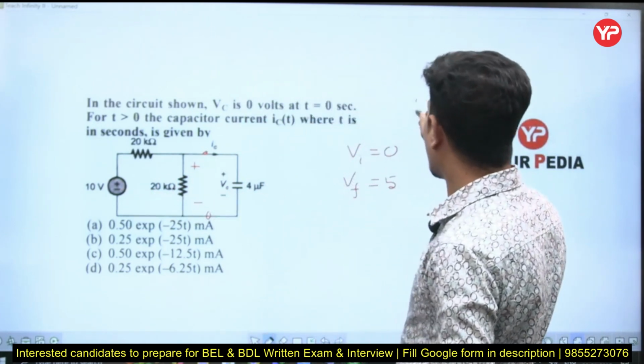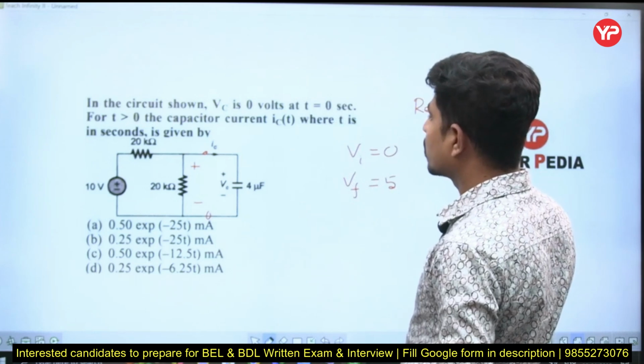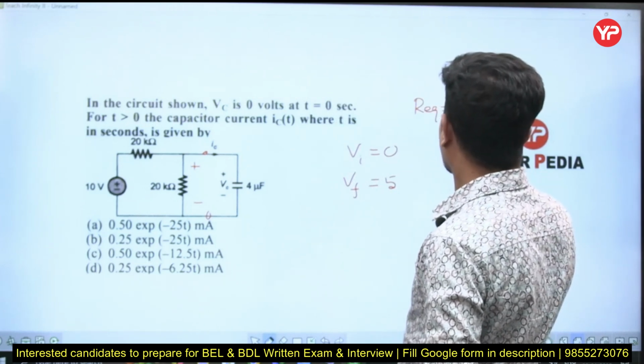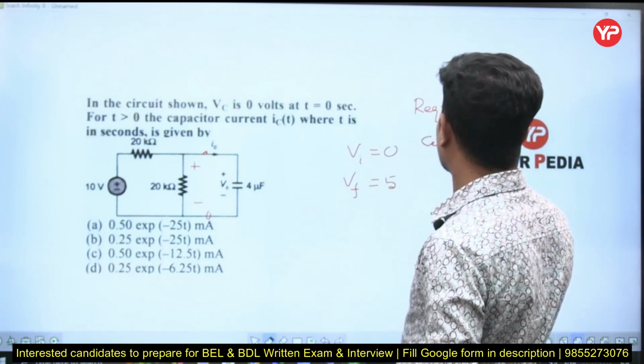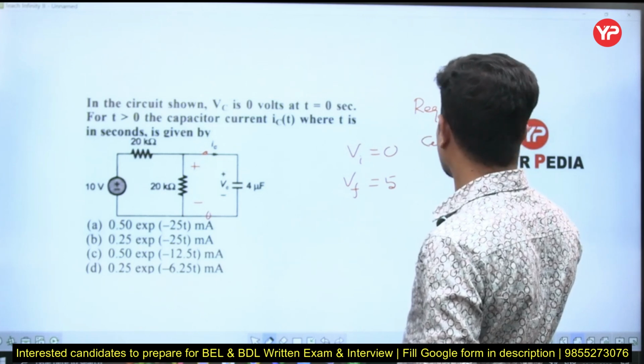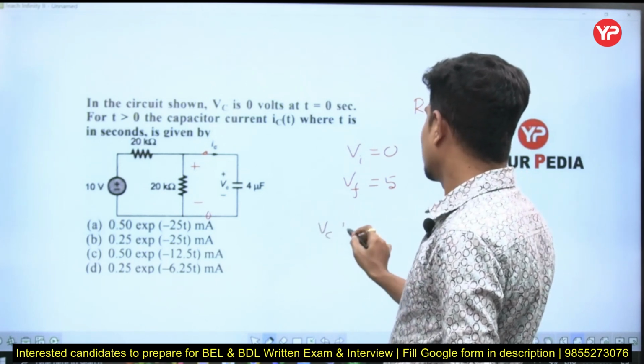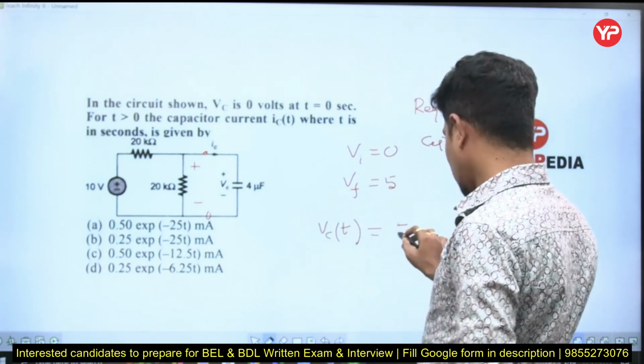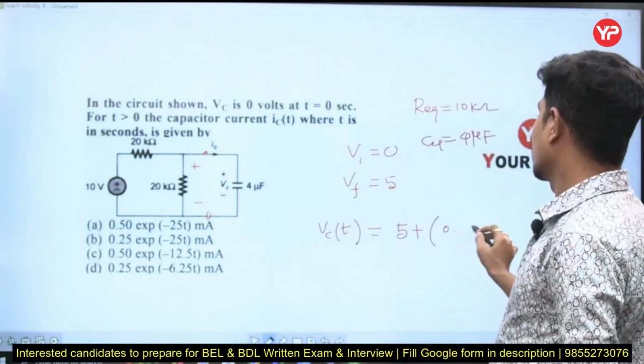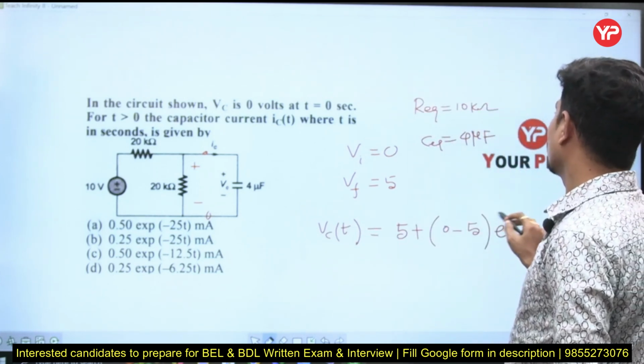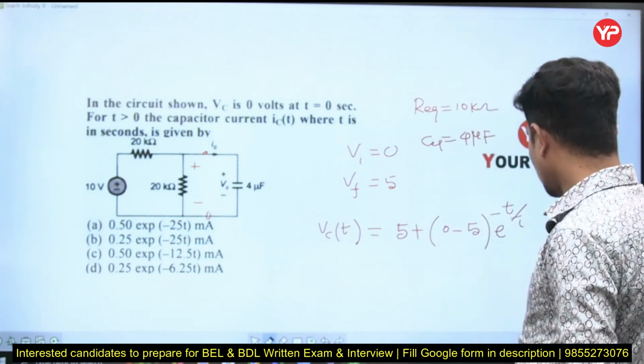How much is R equivalent? R equivalent is equal to 10k, and C equivalent is equal to 4 microfarads. Now Vc of t is equal to V final plus V initial minus V final into e power minus t by tau.